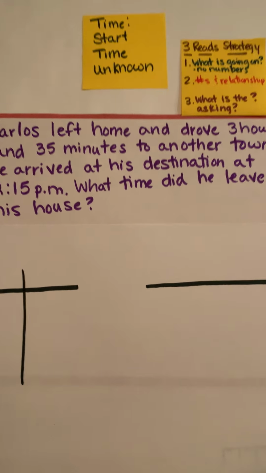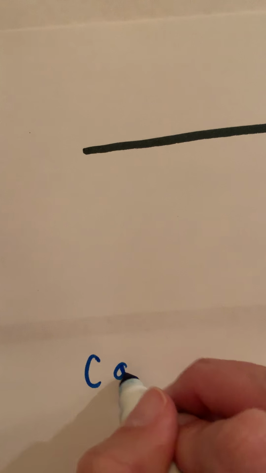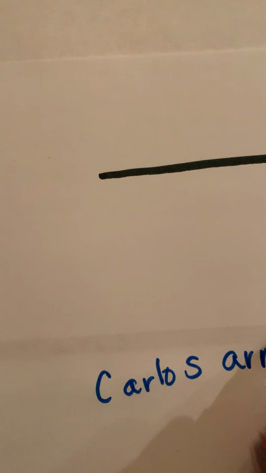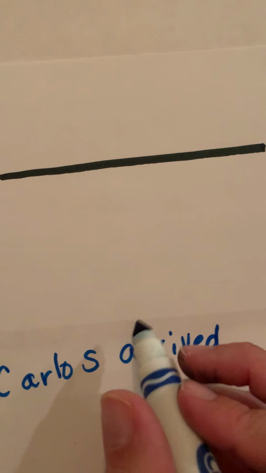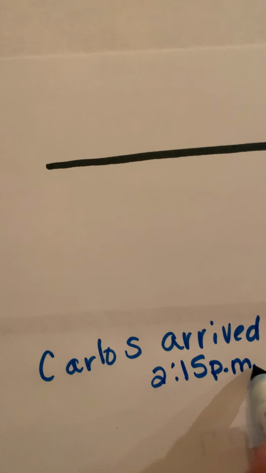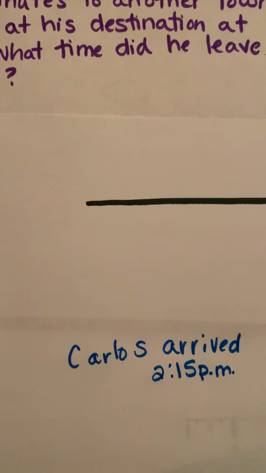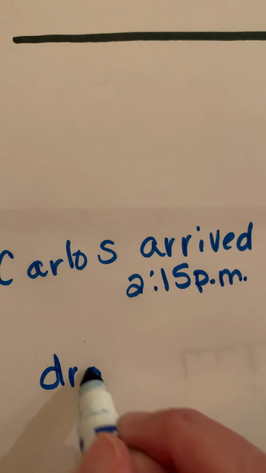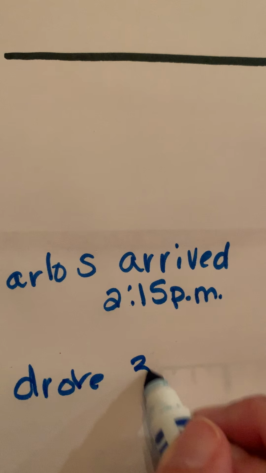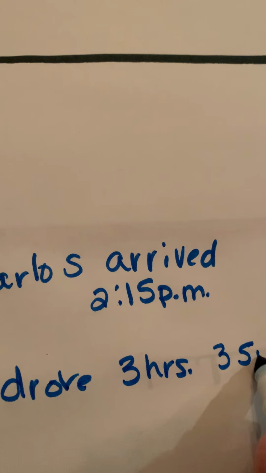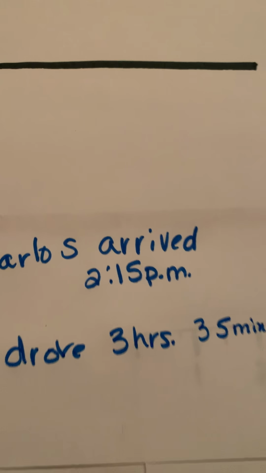Let's come down here and say we know that Carlos went somewhere, and he arrived at his destination at 2:15 p.m. That PM can be very important, so we want to keep that in mind. We also know that he drove for 3 hours and 35 minutes. Okay, so that's important information.